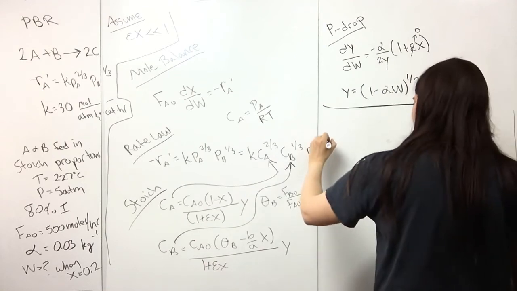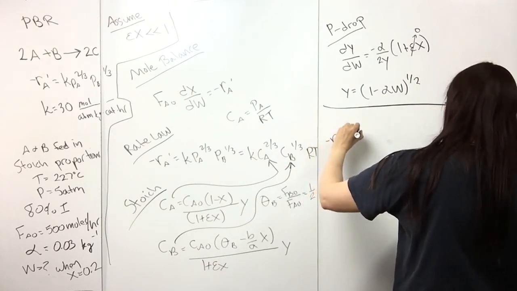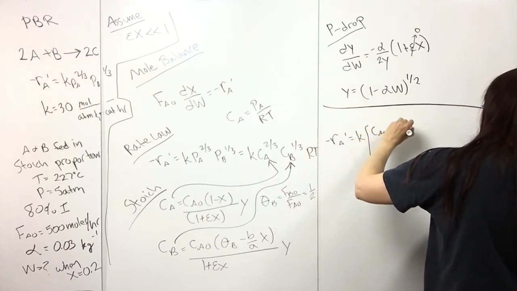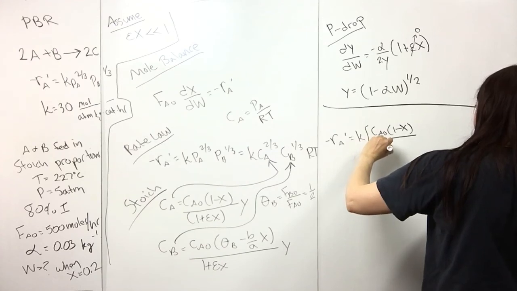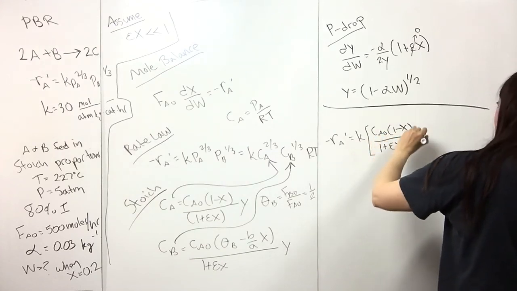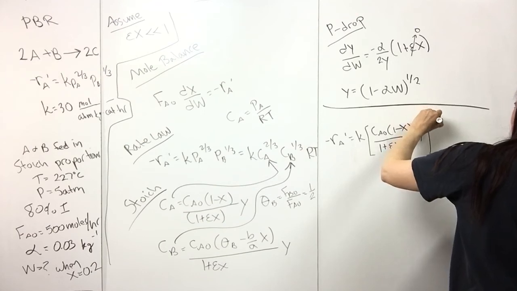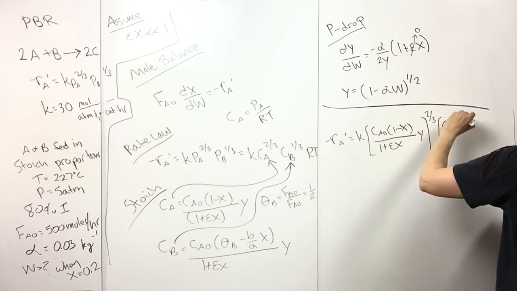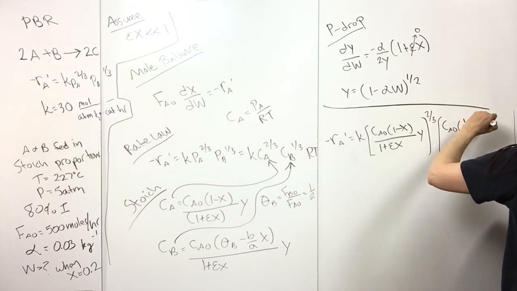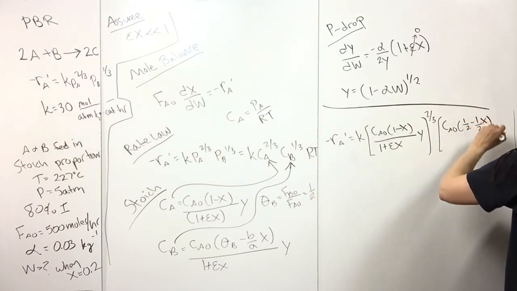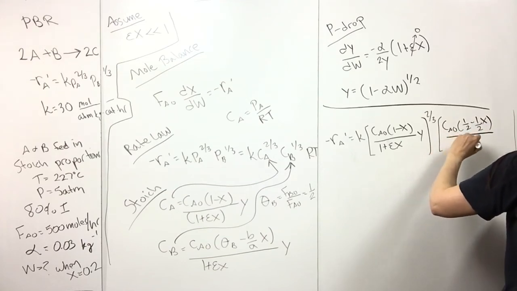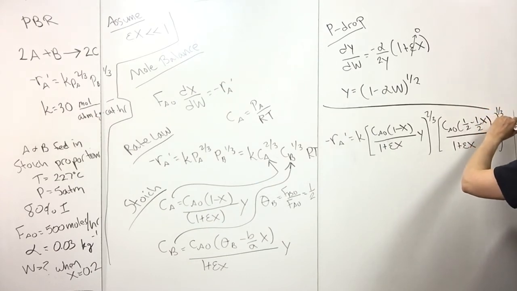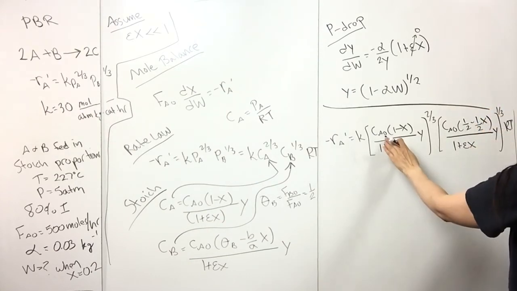So if I do that, I get minus RA prime is equal to K CA naught 1 minus x over 1 plus epsilon x y to the 2/3 C A naught 1/2 minus 1/2 x over 1 plus epsilon x y to the 1/3, and this is multiplied by RT.